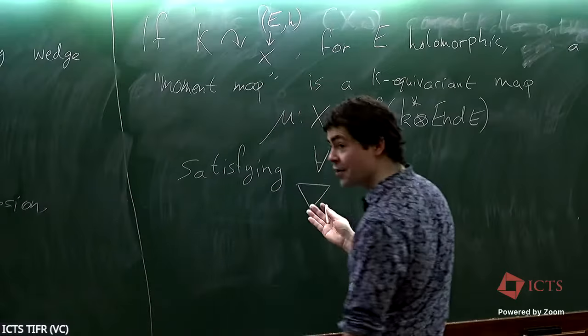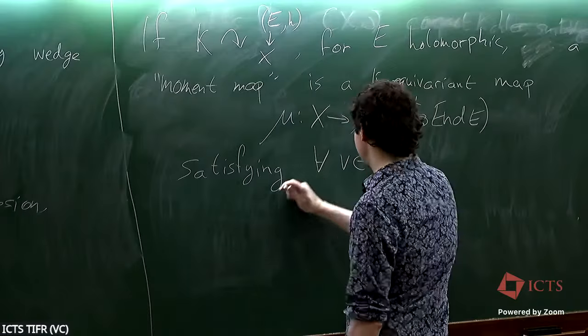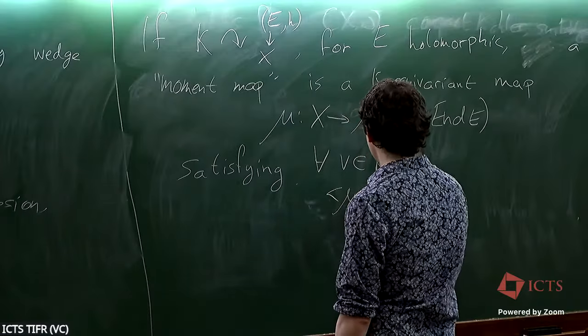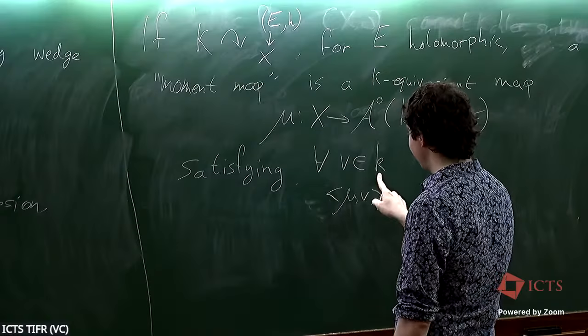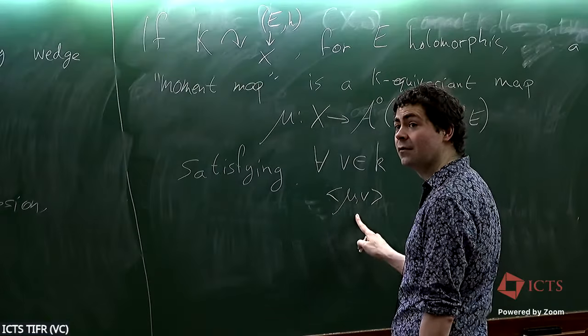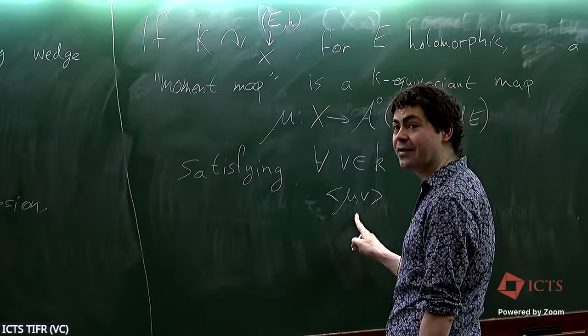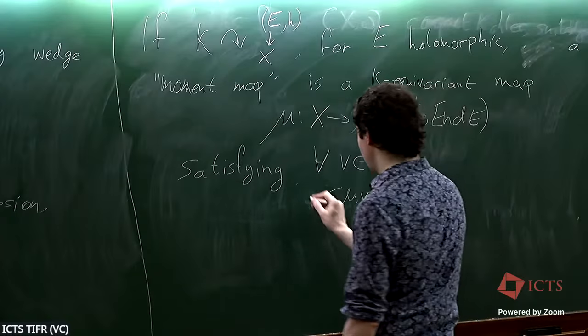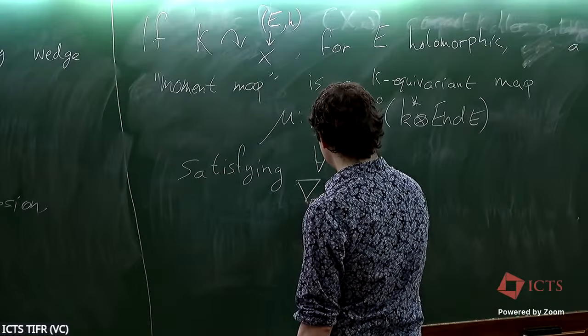So rather than the differential, we have to take, let me write it like this. For any v in k, we can consider the pairing of mu and v as a section of End(E). But we can differentiate those sections using the natural connection that we have on End(E).